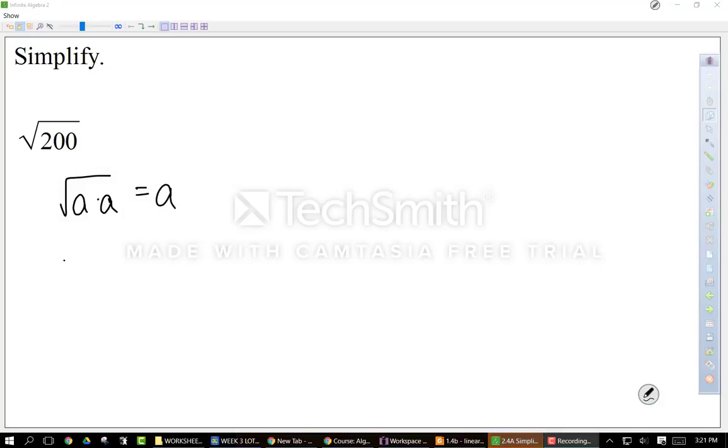An example of this would be the square root of 3 times the square root of 3 is actually the square root of 9. But what is the square root of 9? That's just 3. So you can see if I break it down into two parts, one of them just comes out. And this is what we're going to utilize during this method.